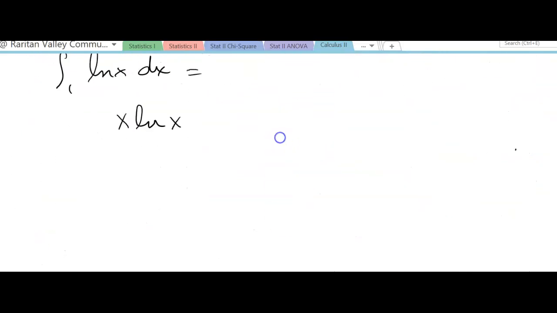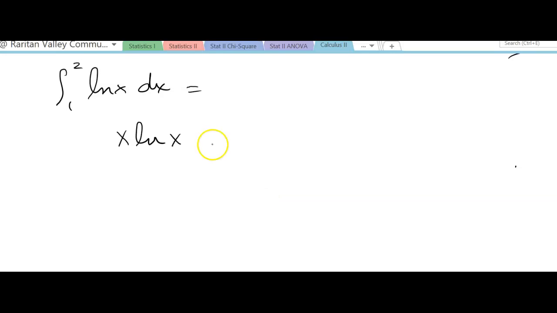So x ln x minus the integral of dx. But here's the deal. Because we are going from 1 to 2, please make sure you put that in there and you keep it there. And you don't have to do it yet.